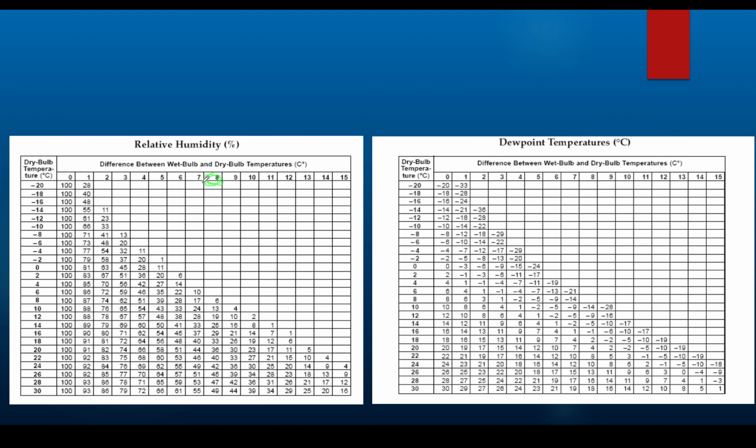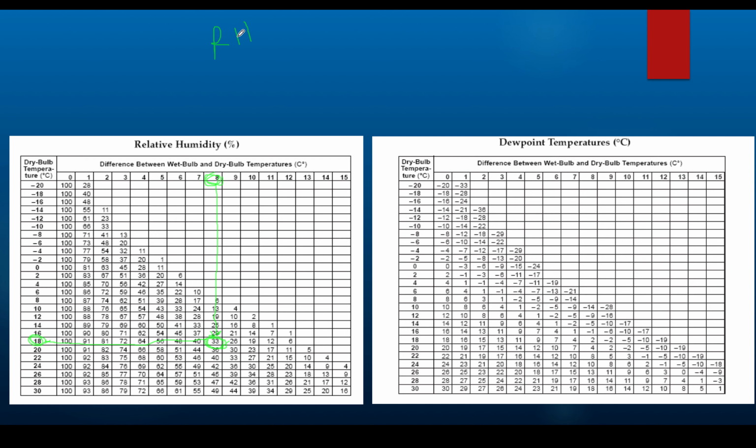The dry bulb is 18. I'm going to follow it over, and I'm going to follow it down, and I'm going to get 33%.